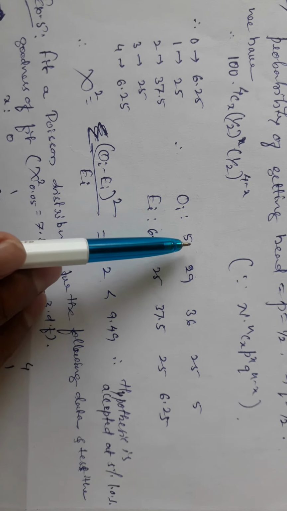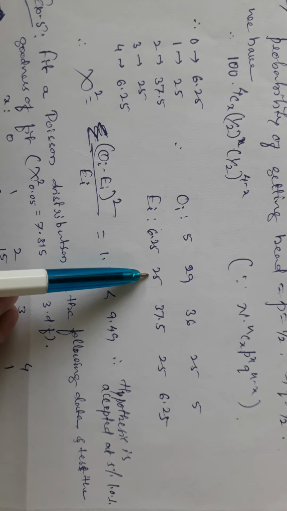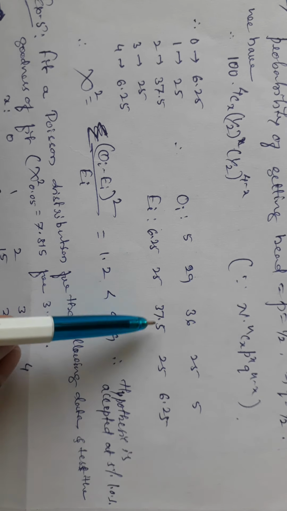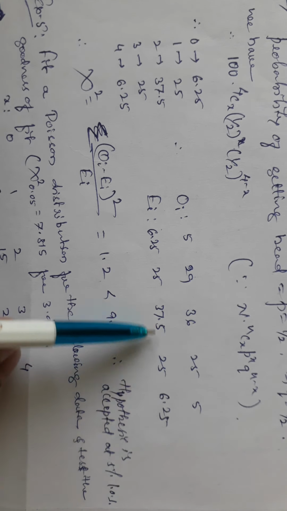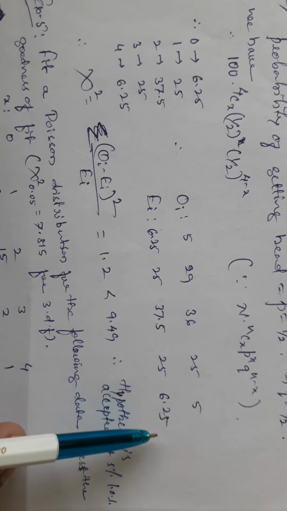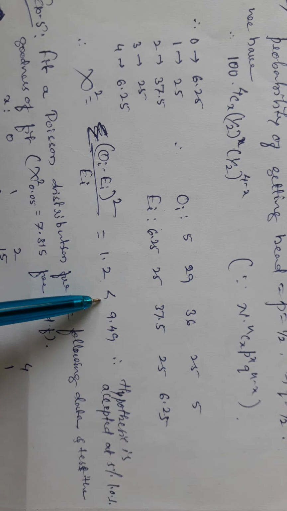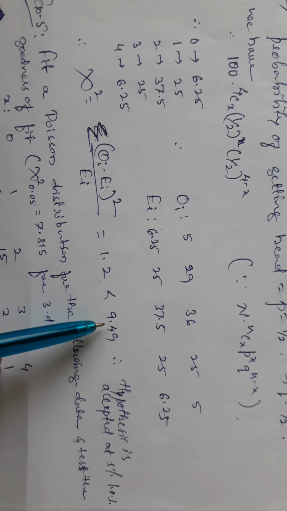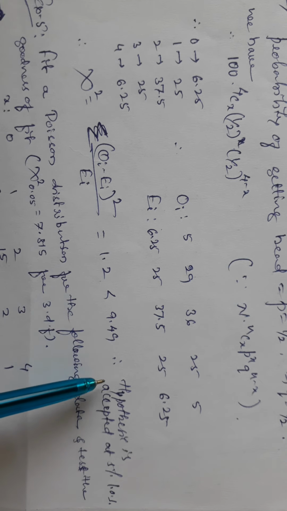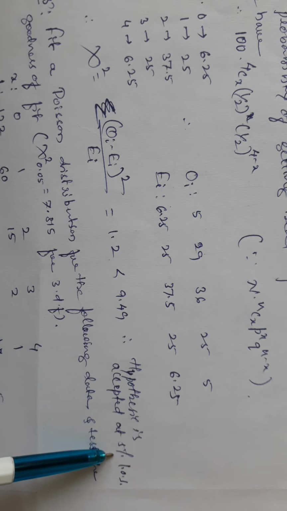Then by simplifying, that is difference square divided by expected value for each term, and by adding these, we'll get 1.2, which is less than 9.49. Therefore, the hypothesis is accepted at 5% level of significance.